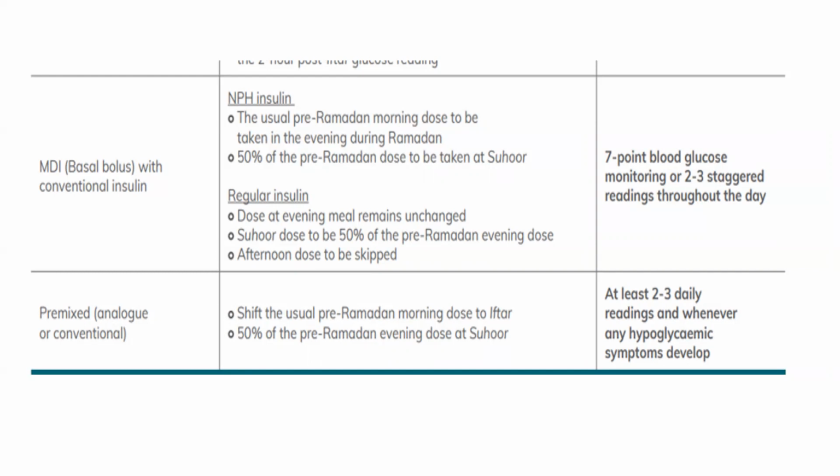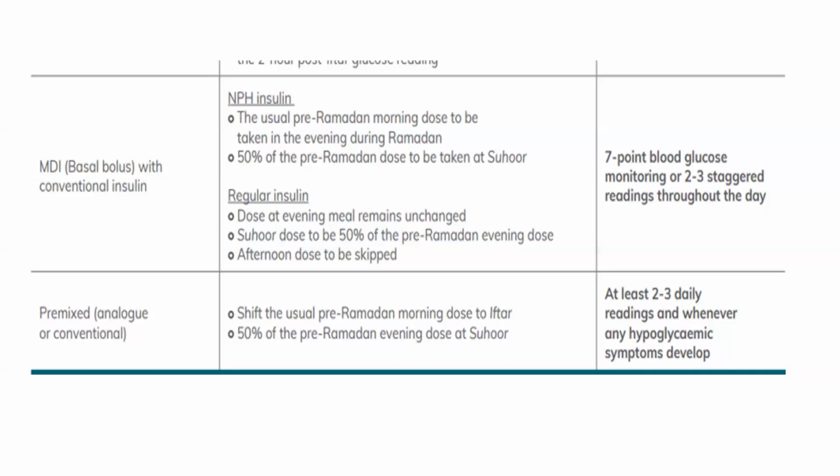Now, in Ramadan, your morning dose, which you're taking prior to Ramadan, shifts to the evening time. So if 20 was in the morning, the 20 will shift to the evening time. And the 18, which was taken in the evening, 50% of the pre-Ramadan dose to be taken at suhoor time.